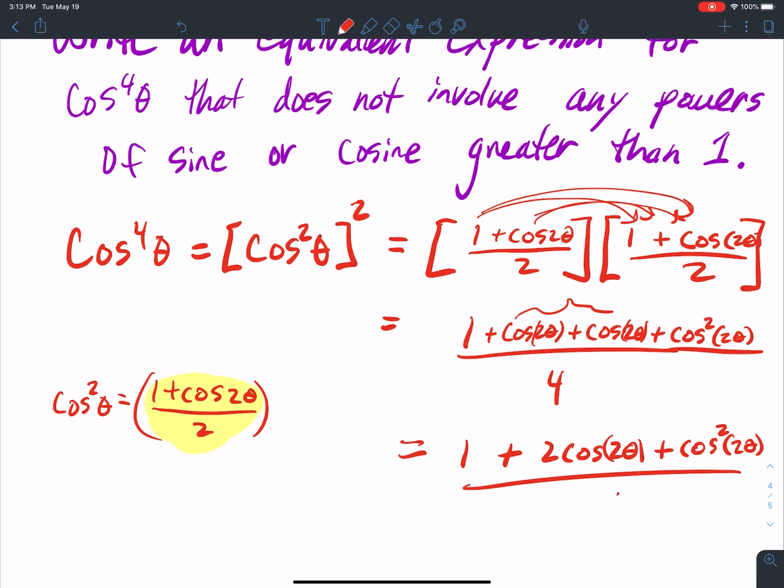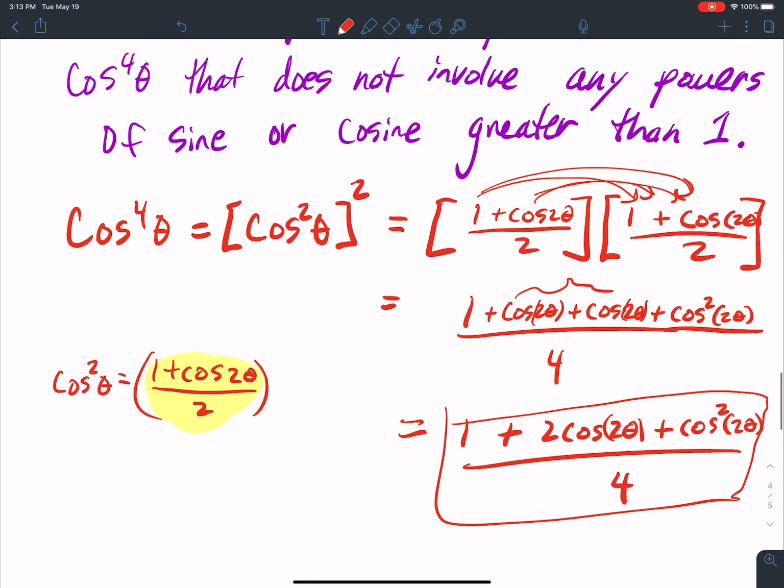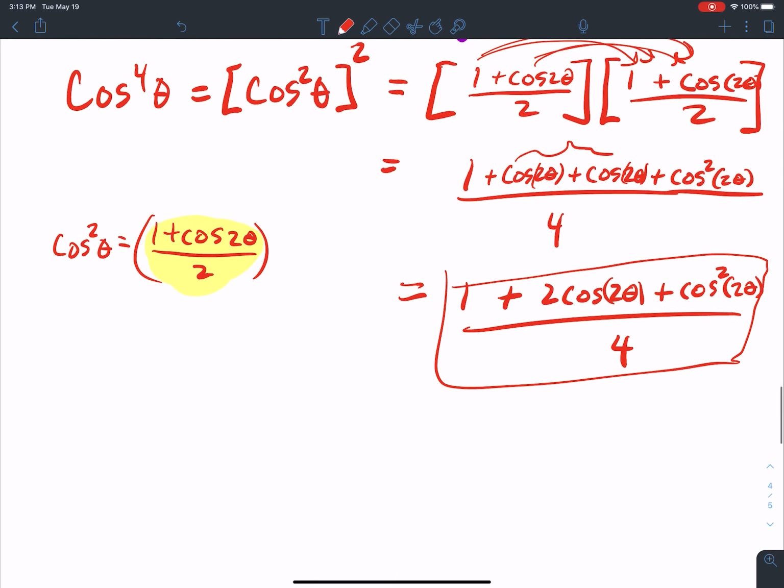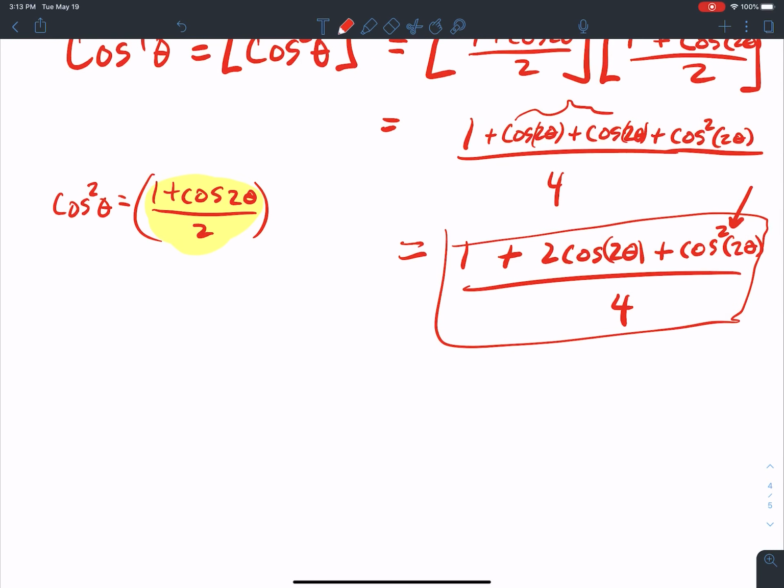And everything now is cosines that don't have powers that are greater than 1. Okay? So, except this piece right here. So this one, we've got to do what to it?